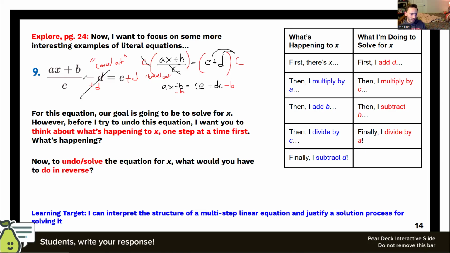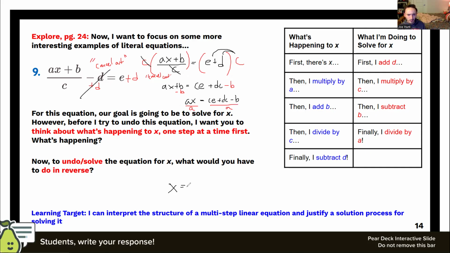Now, as I go from here, I'm going to think about my next step where I'm subtracting by b. So now I've got ax is equal to ce plus dc minus b, this whole awful mess on the right-hand side, cancels out to form a 0 on the left, and that's why it disappeared. And then my last thing to solve for x is that I got to divide both sides by a, right?